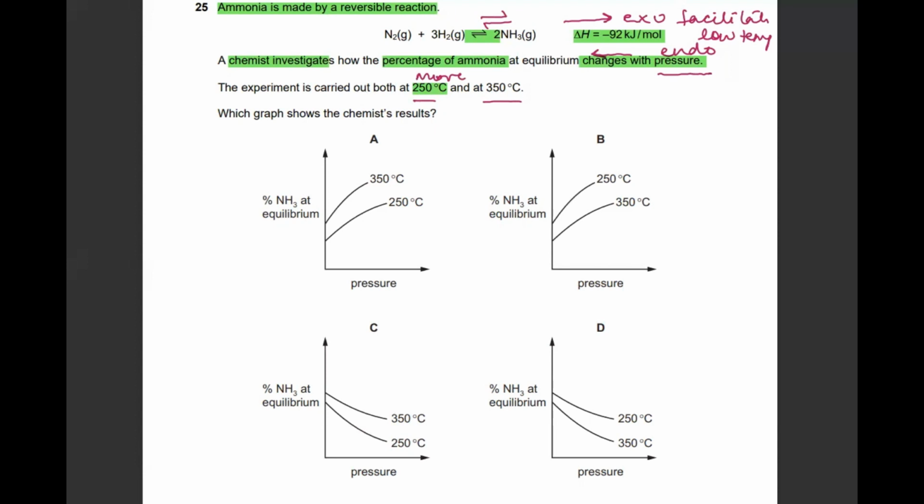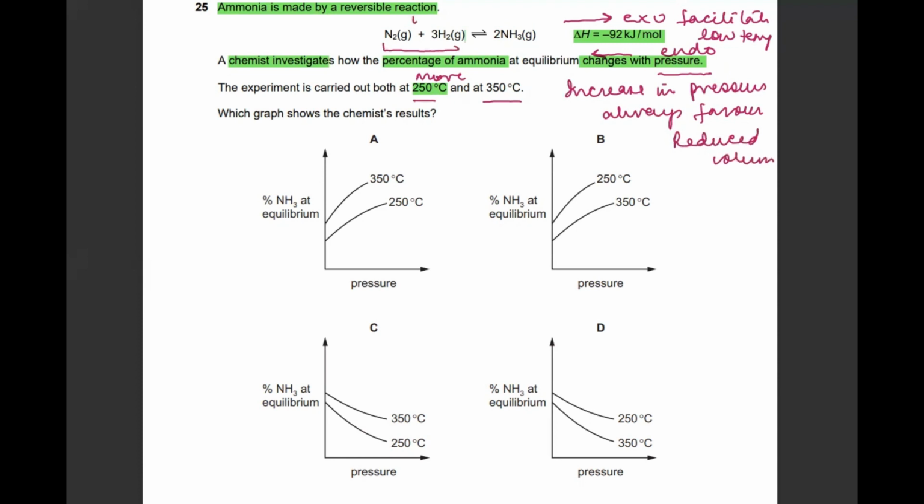So keeping that in mind, we need to see again, there's a concept in reversible reactions that an increase in pressure always favors the reduced volume. So in this scenario, let's check it out.